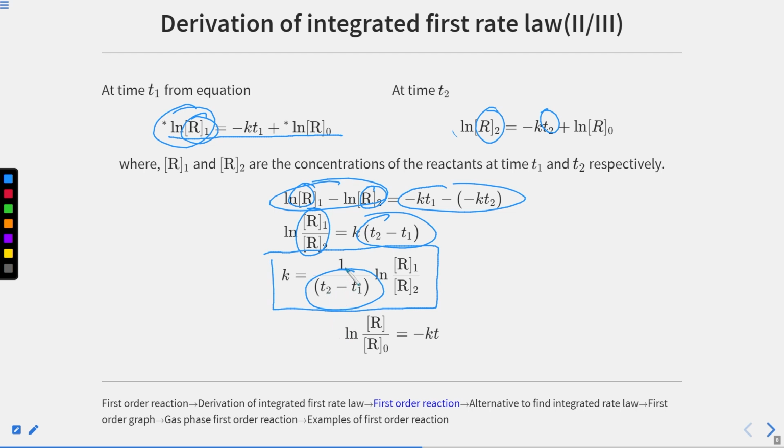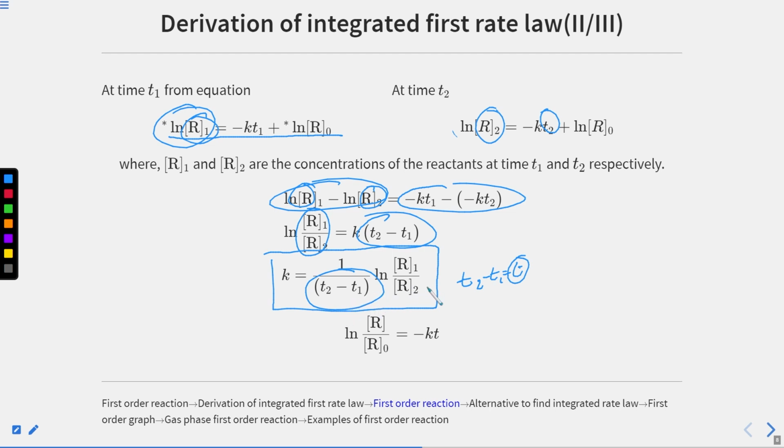Now we are assuming that t2 minus t1 is equals to t. Assuming that, we brought this t here.